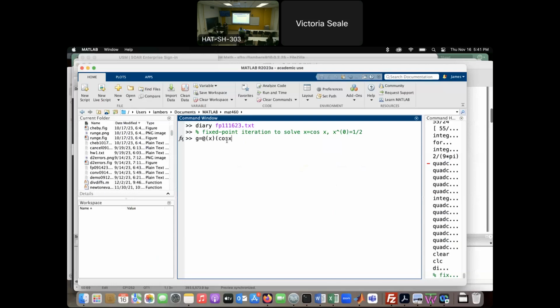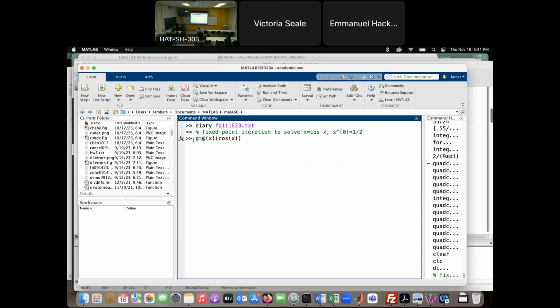And then I put my formula, which in this case is just cosine x. I didn't really need to do this for a function as simple as cosine, but if the function you have in here is more complicated, then this is definitely something you want to do. Okay, so this is a function handle for g of x equals cosine x.